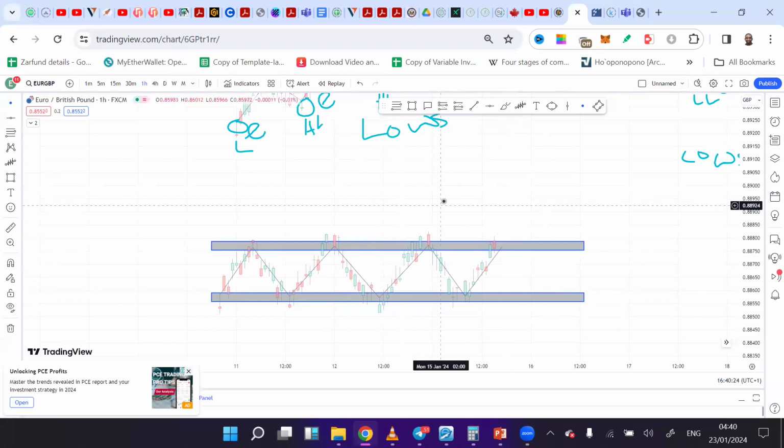So also here is where we bring in the concept of support and resistance, right? Support and resistance is a situation where price is stuck within a certain range, where the uppermost range is what we call a resistance.